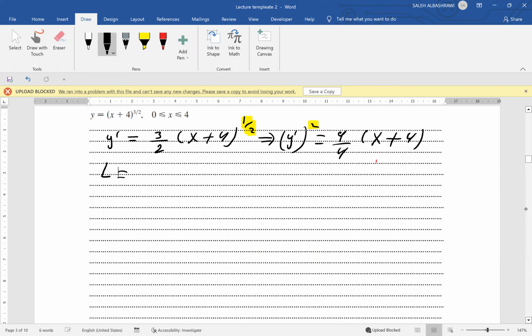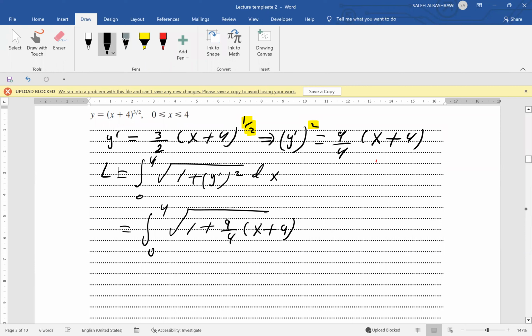The integration from 0 to 4 of the square root of 1 plus y prime squared dx, which is equal to the integration from 0 to 4 of the square root of 1 plus 9 over 4 multiplied by (x plus 4) dx.